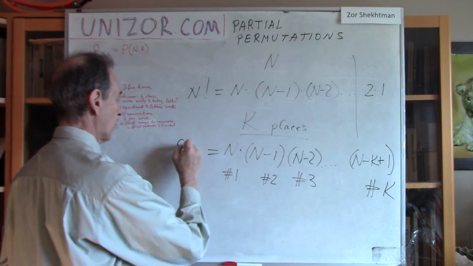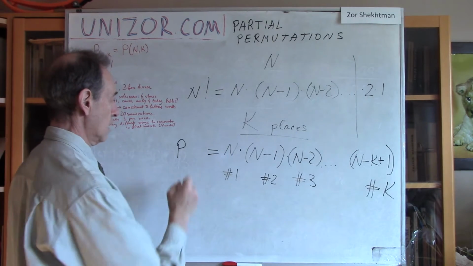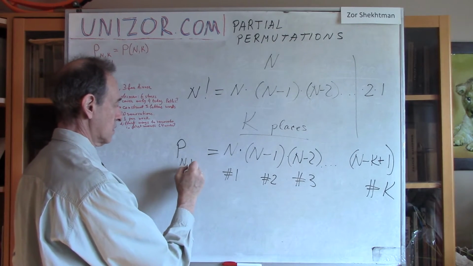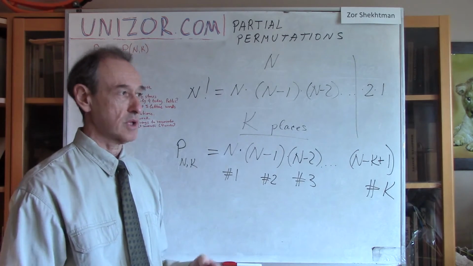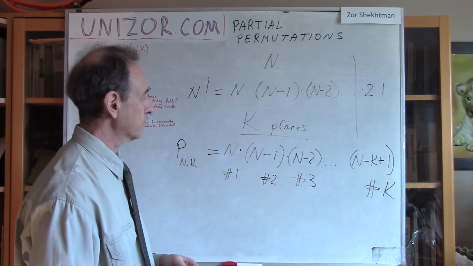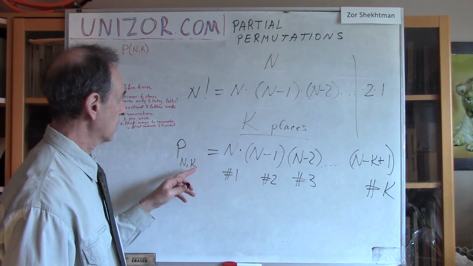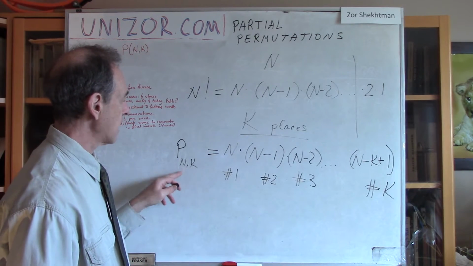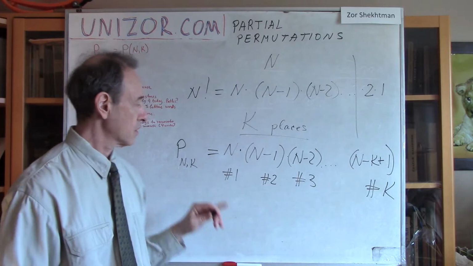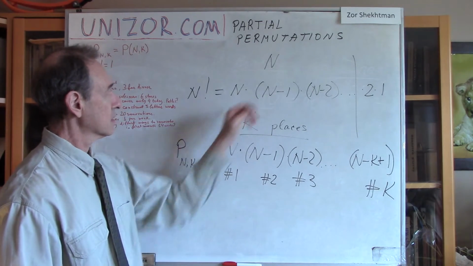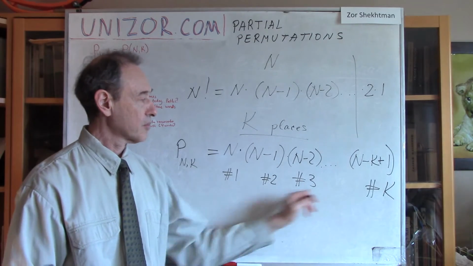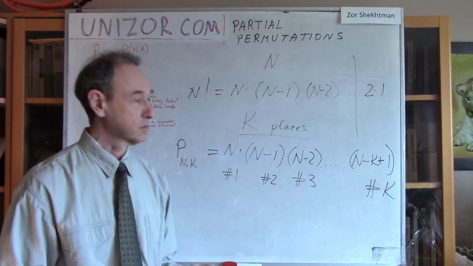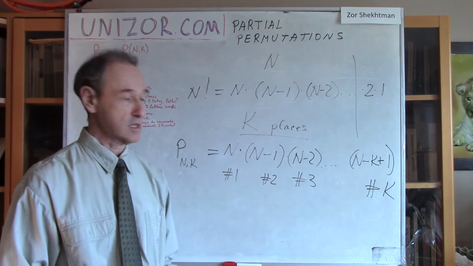It's called the number of permutations from n objects by k. K permutation, well, we have to have k objects out of n. So the first index is the number of objects given, and the second index is the number of places to put these chosen k objects in.